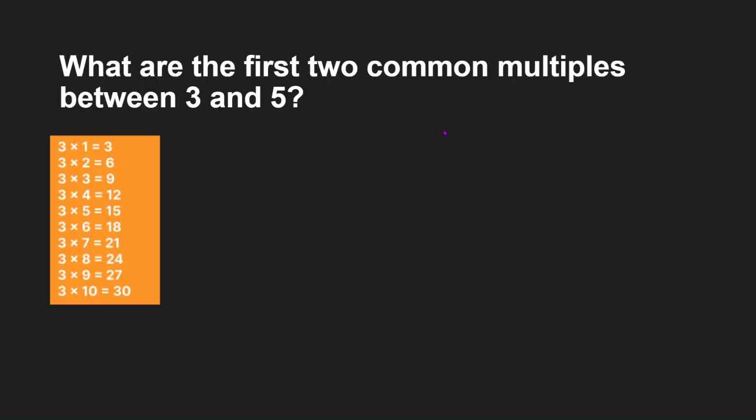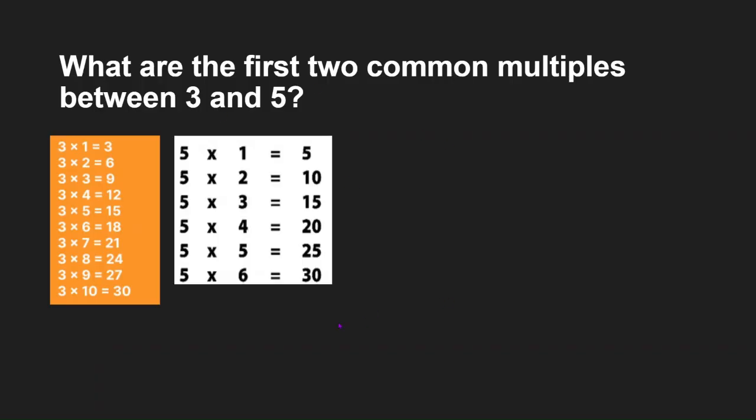You're also going to need to find multiples of 5, right? 5 times 1 is 5, 5 times 2 is 10, 5 times 3 is 15. And then you're going to have to compare between these, right? These numbers are not multiples of 5, right? But 15 is. So 15 would be your first common multiple.